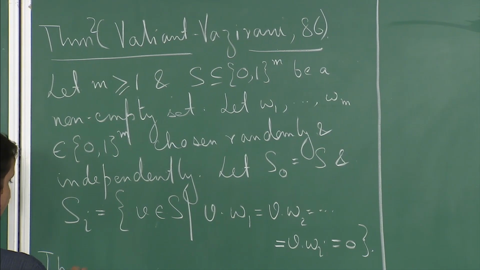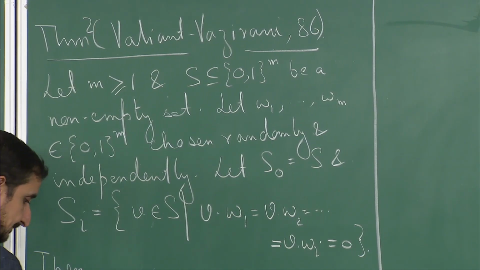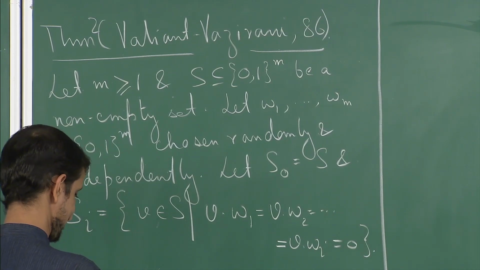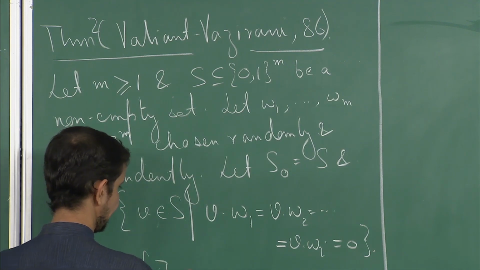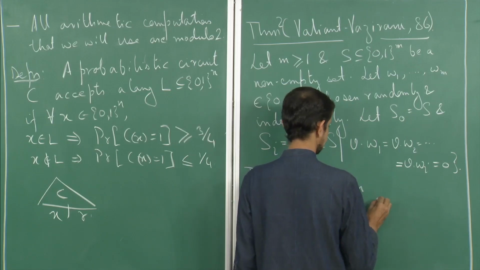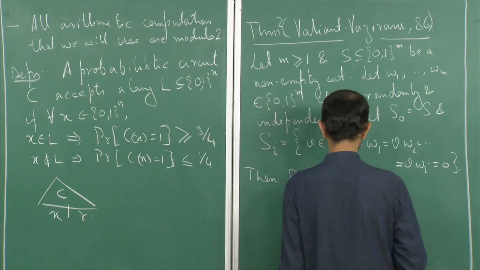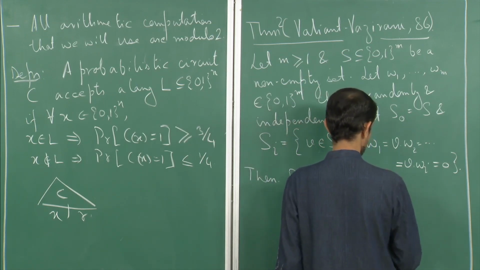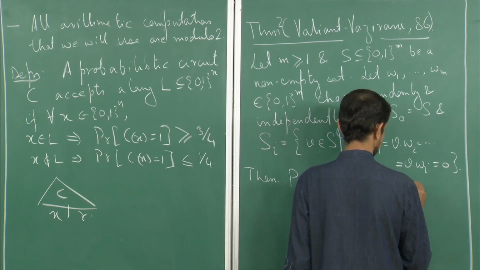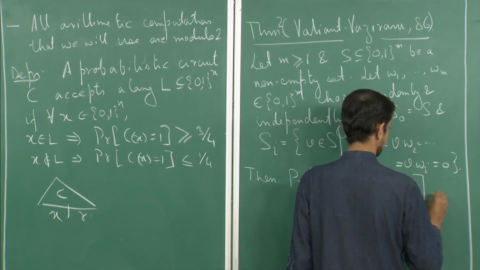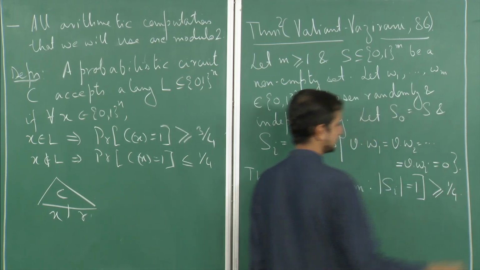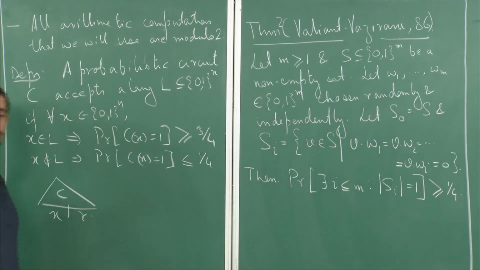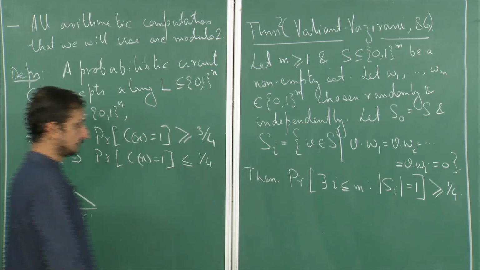Then the probability that there exists an i less than m such that Si has a single vector is greater than 1/4. This is what we will be using.